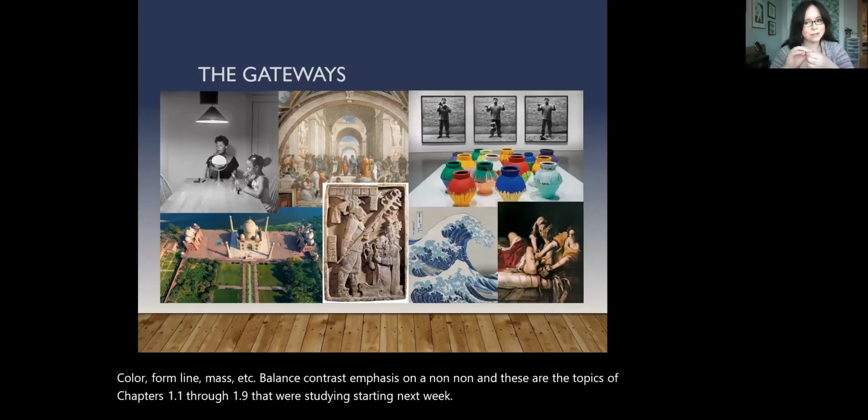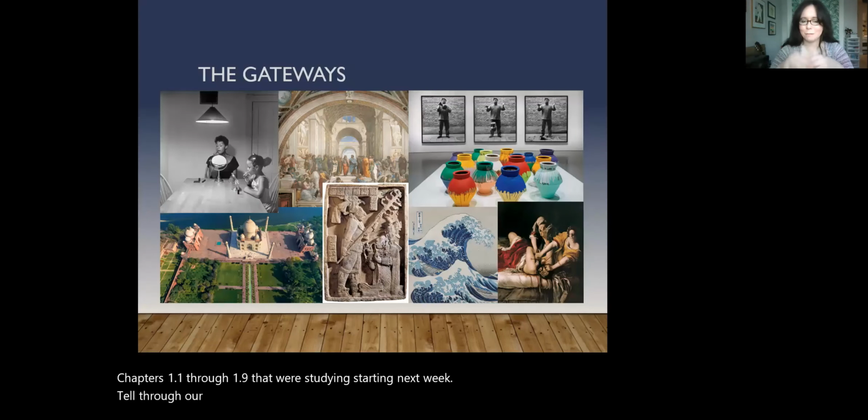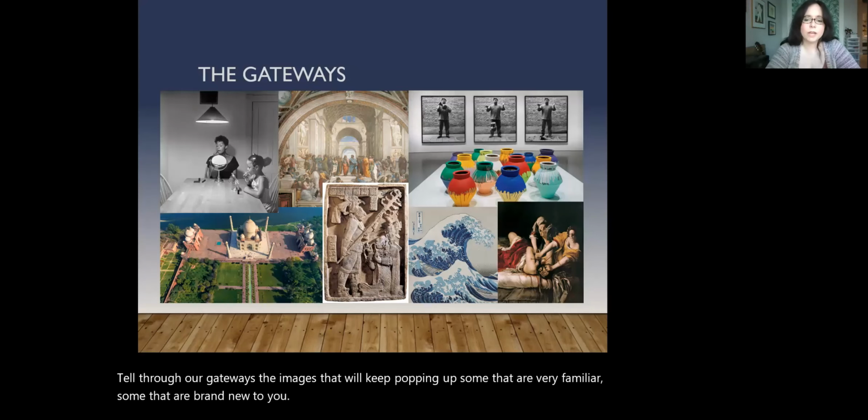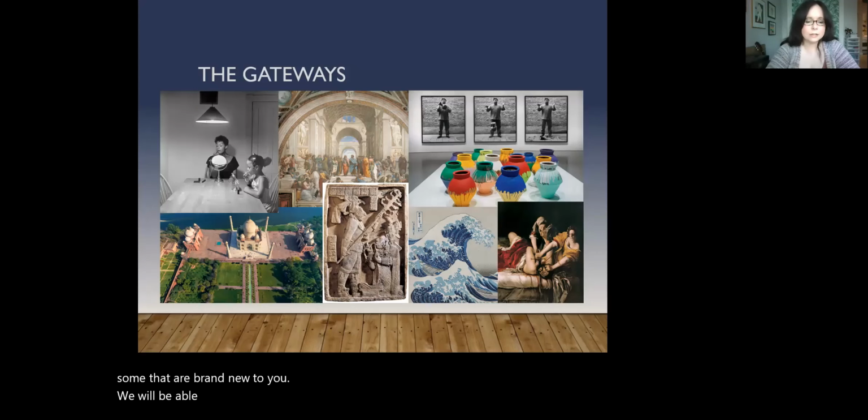So through our gateways, the images that'll keep popping up, some that are very familiar, some that are brand new to you, we will be able to walk through these issues of the art world ethically, through formal analysis, aesthetically, and hopefully you'll leave Art 1010 with a better understanding of how art is made and why.